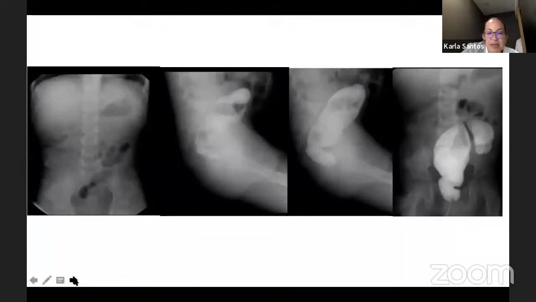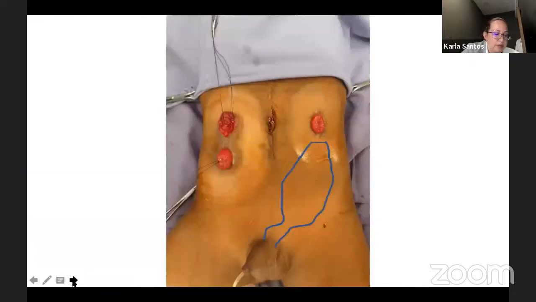We performed all of the above. The contrast enema showed a transition zone at the junction of the rectum with the sigmoid, here. With the contrast enema, we decided to perform a distal ileogram.